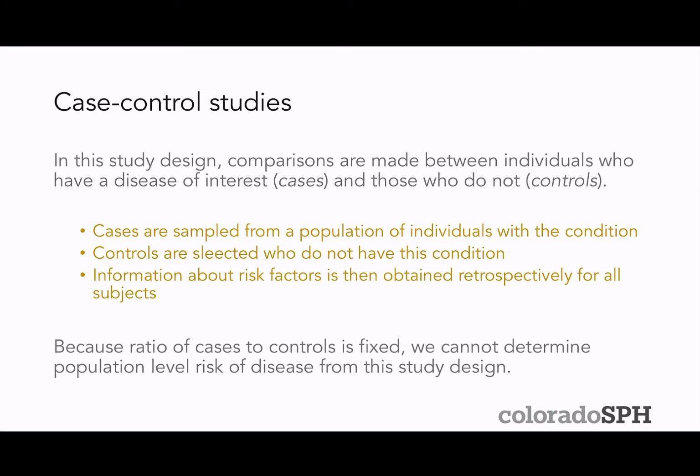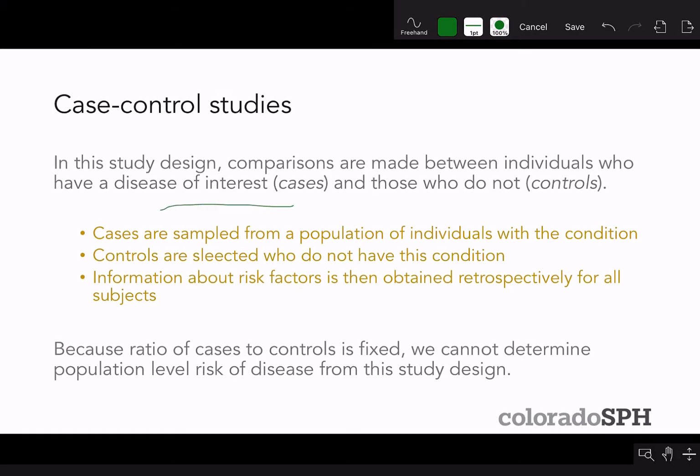In contrast, in case control studies, comparisons are made between individuals who have a disease of interest, called cases, and those who do not, called controls. The cases are sampled from a population of individuals with the condition, and controls are selected who do not have the condition.